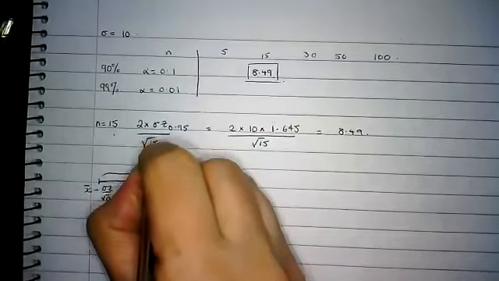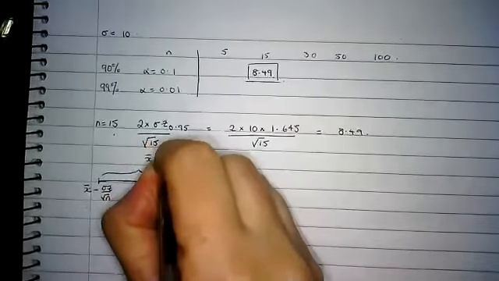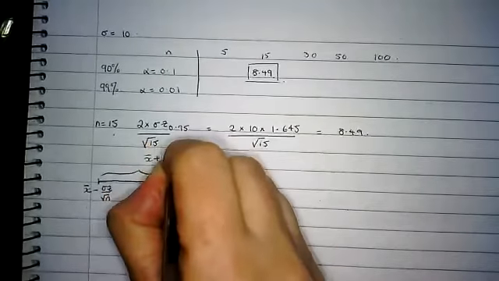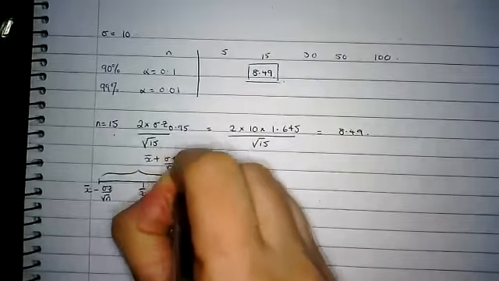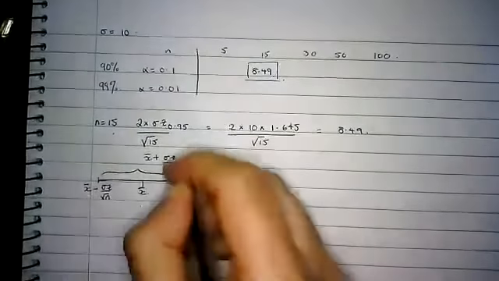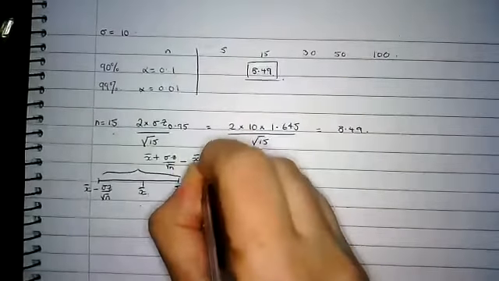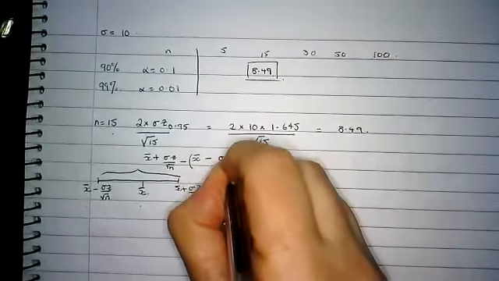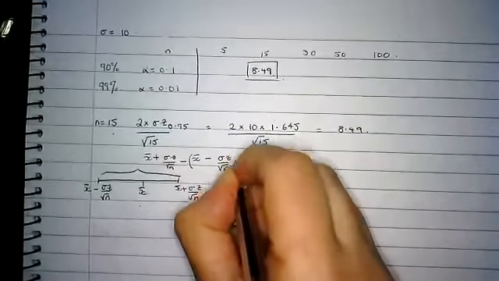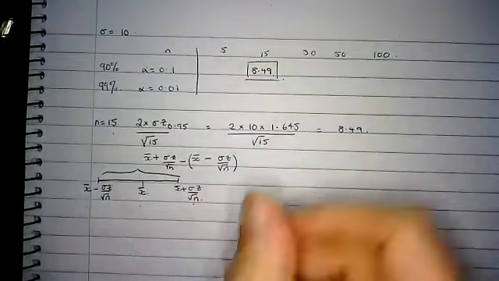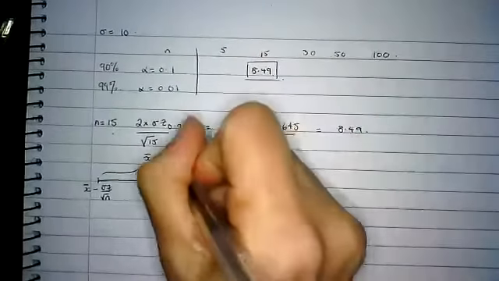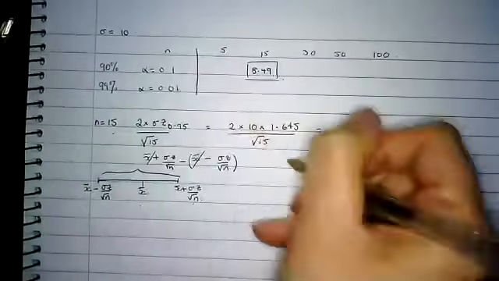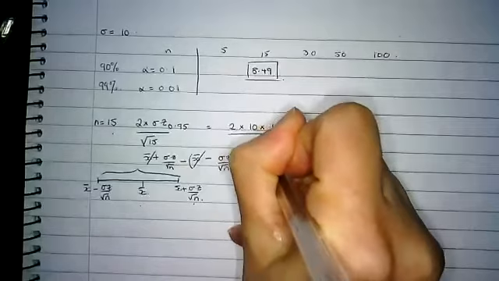This is going to be X bar plus this end, minus X bar minus this end. These two are going to cancel out, and it's just going to leave me with 2 times sigma Z.